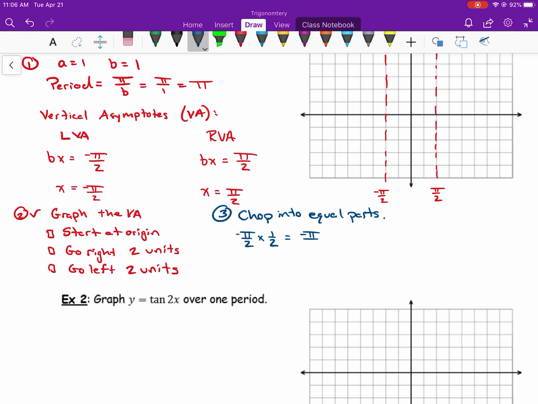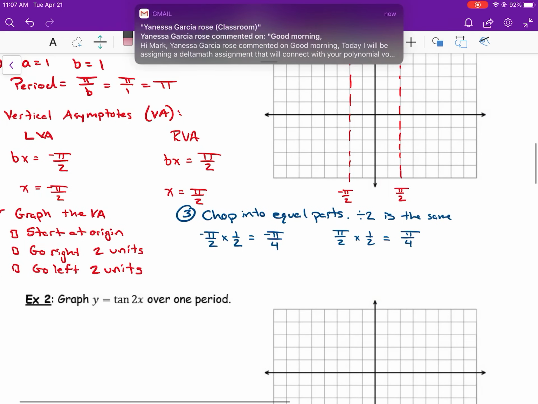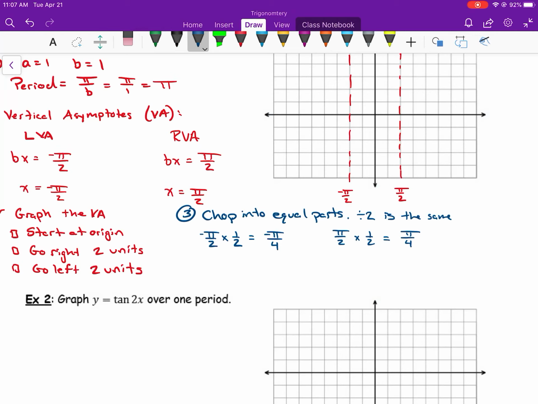That's going to give me negative pi over 4. And then on our right side, we're going to take pi over 2 times 1/2, and I'm going to get pi over 4. Now remember, dividing by 2 is the same as multiplying by 1/2.